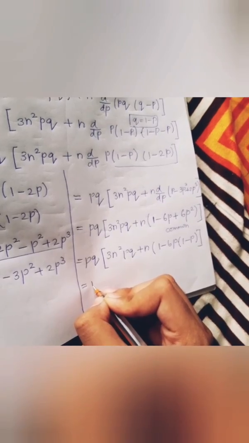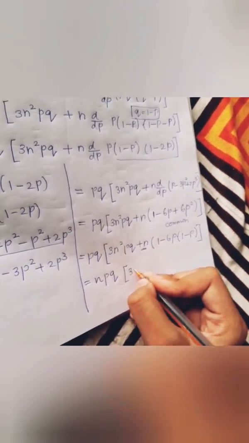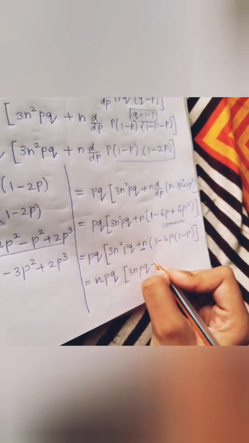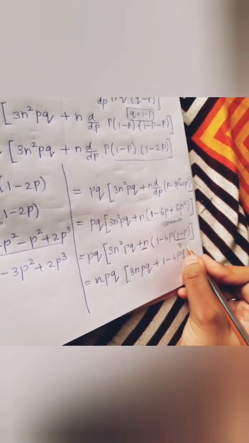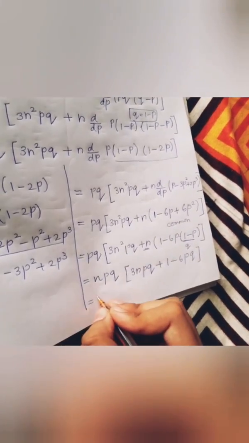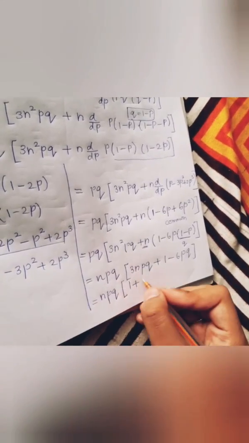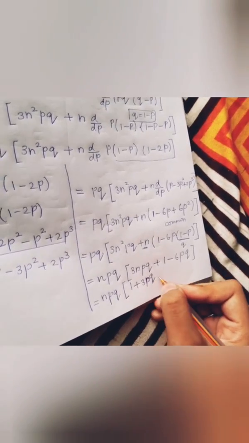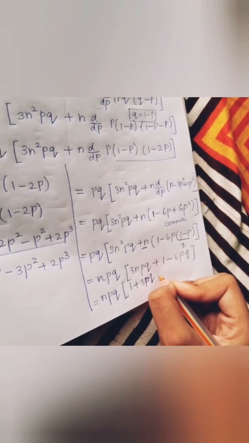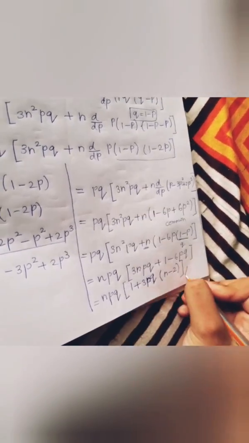Then for 1 minus p, we are substituting it as q and taking n outside. Next step, npq into 1 plus, we are taking npq outside, so that it becomes 1 plus 3pq into n minus 2. Thank you. To be continued.